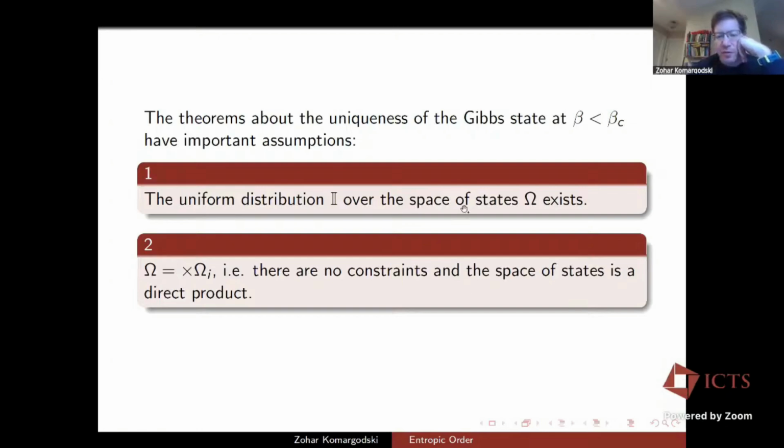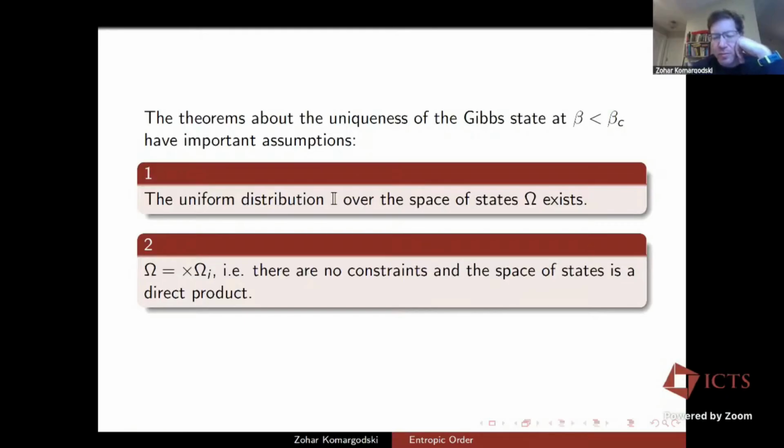Now in QFT, of course, there are too many states for 1 to make sense, and also for 2 to make sense. But also in lattice systems, such as in Hubbard models, 1 is violated, and in gauge theories on the lattice 2 is violated. So there's still a lot of room to look for interesting models.